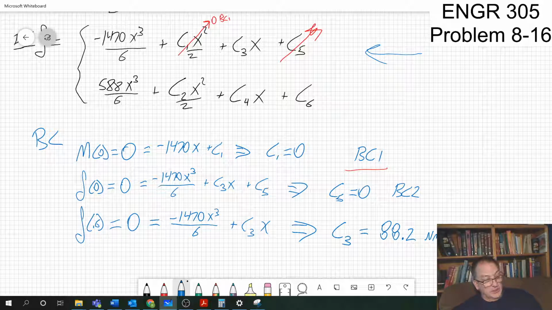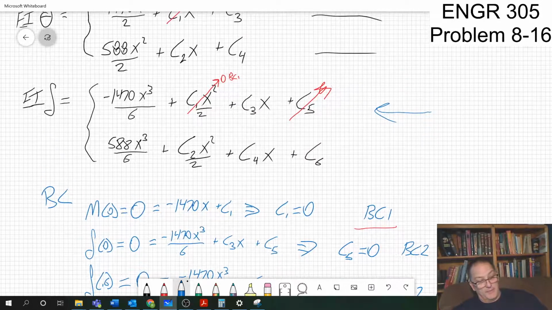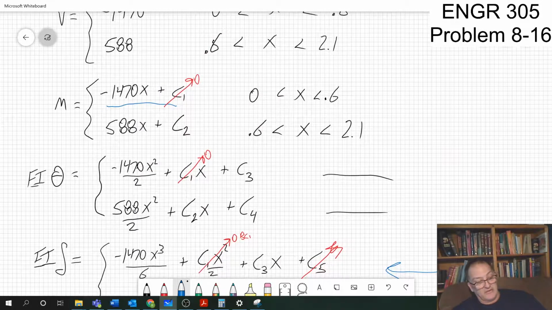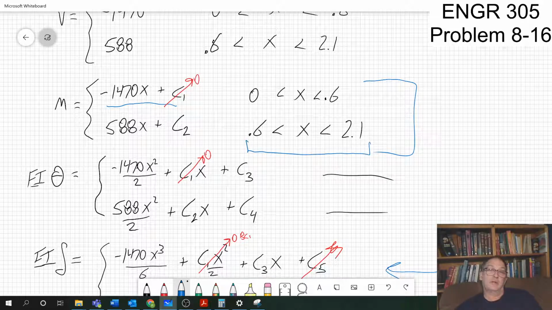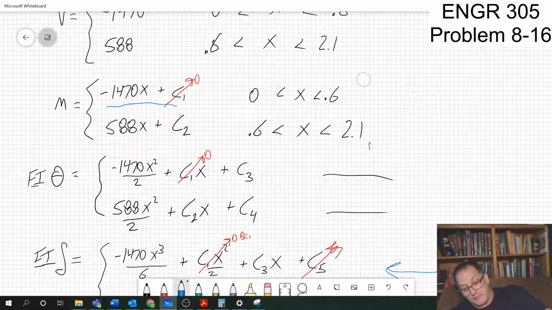The easiest place to start solving constants: do I know anything about the moments anywhere? For the second equation, in this range, do I know anything about the moments? Well, yes, actually I do. I know that the moments at the end where the boy is standing are 0. They go to 0 at the end.